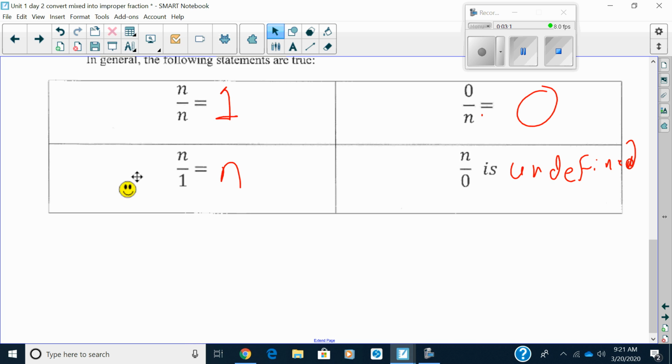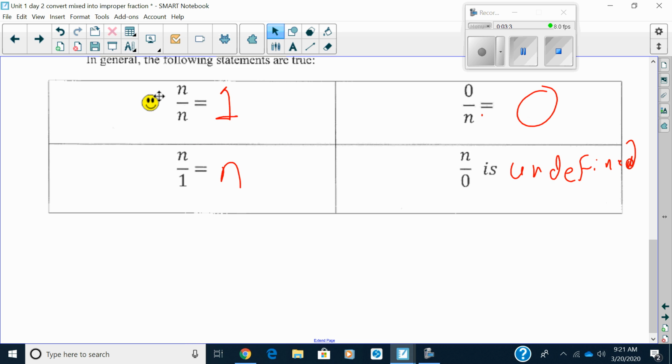In general, these statements are always true. As long as n is not 0, any number divided by itself is always 1. If you have nothing and you put it into n number of piles, you still have nothing.